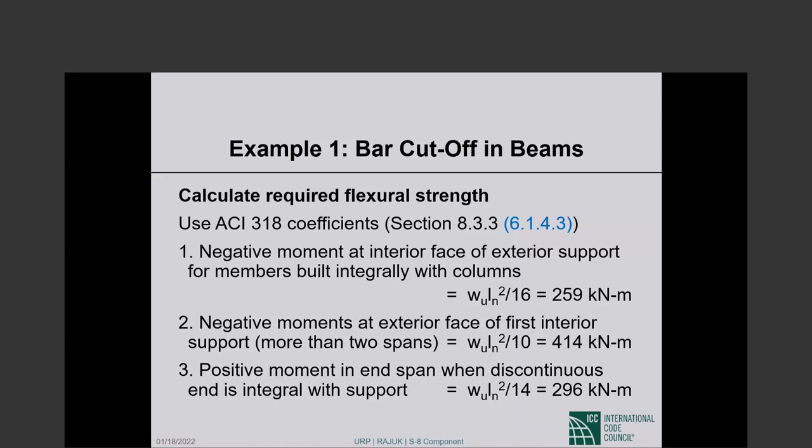So according to these ACI coefficients, negative moment at interior face of exterior support for members built integrally with columns. So negative moment at interior face of exterior support.